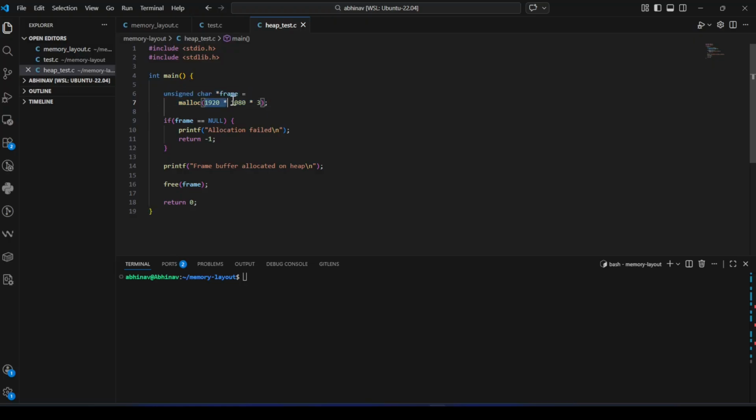It is the same single frame of 3 RGB colors at 1080p being allocated using malloc in the heap section. This is the buffer allocation, and these are some error checks, and finally if everything goes correctly, we print the message that the frame buffer is allocated on the heap, and then we free the memory, right?